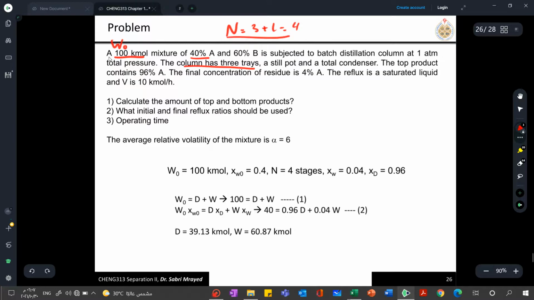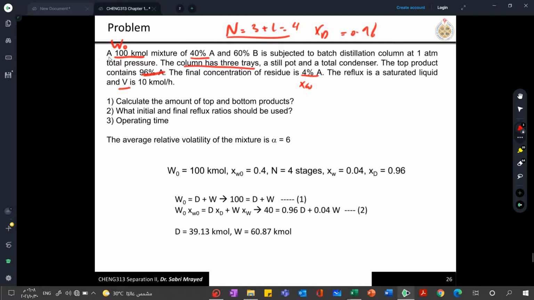After that, it gives us XD, the top product, which is XD equal 0.96, and XW, which is 0.04, and also V, which is 10 kilomole per hour, and it is constant.